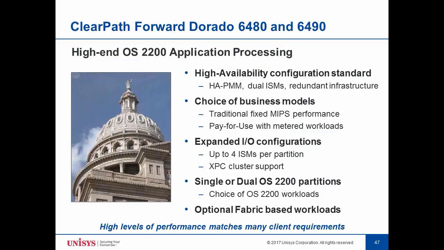The Dorado 6000 series is a very capable, high performance, high-end OS 2200 application processing environment. It's very popular, utilized with a number of United States state governments, as well as different government offices worldwide. It does provide all the high availability features that you would expect that are standard within the 6000 series for dual ISMs, HAPMM.